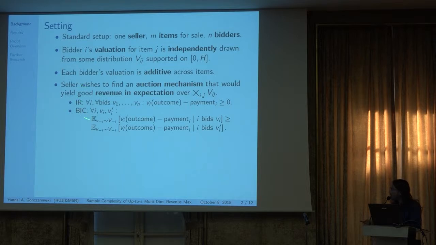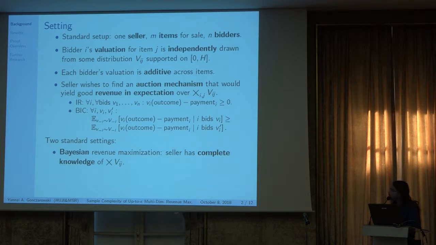Second, we demand BIC, Bayesian incentive compatibility. For each buyer, in expectation over all buyer types, the buyer's utility if he bids truthfully is higher than his utility if he manipulates and bids something else. This is to ensure proper input to the algorithm.